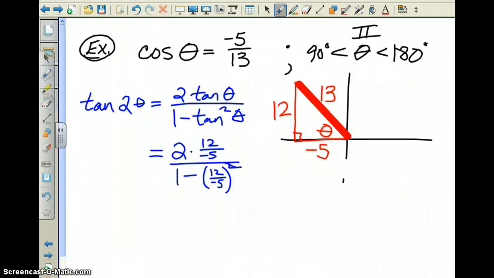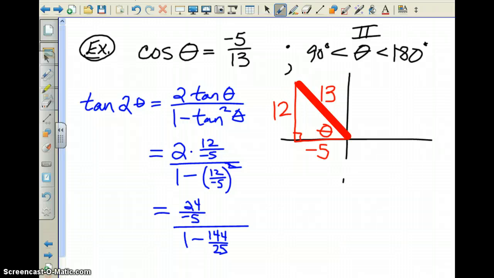And now it's just a matter of working with some arithmetic here. When I multiply 2 times 12 over negative 5, that'll be 24 over negative 5. And on the bottom, I'm going to have 1 minus 12 over negative 5 squared, which will make 144 over 25.